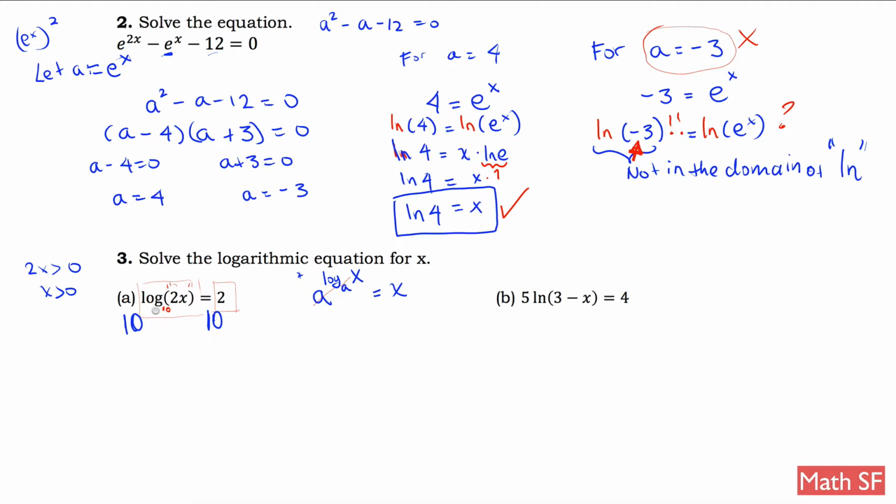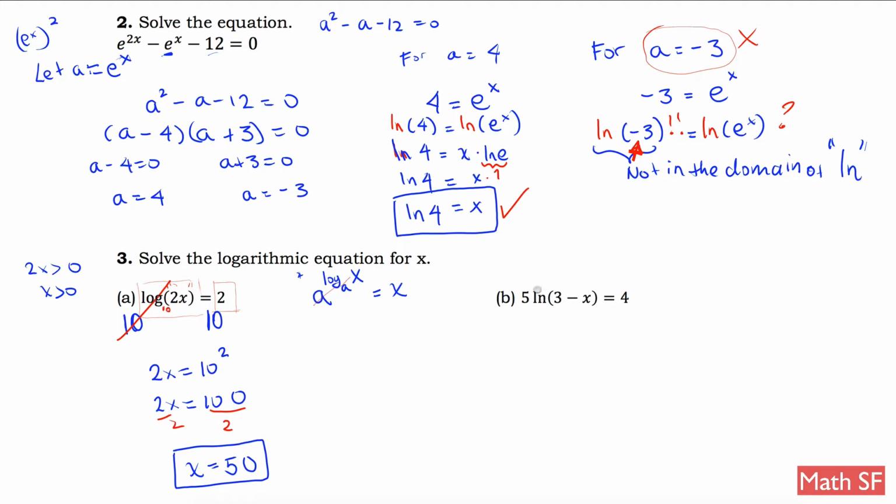The reason I'm doing that is so these cancel out and I'm left with 2x equals 10 squared, and 10 squared is 100. Therefore, if you divide by 2 each side, you get x equals 50. So that should be your answer.